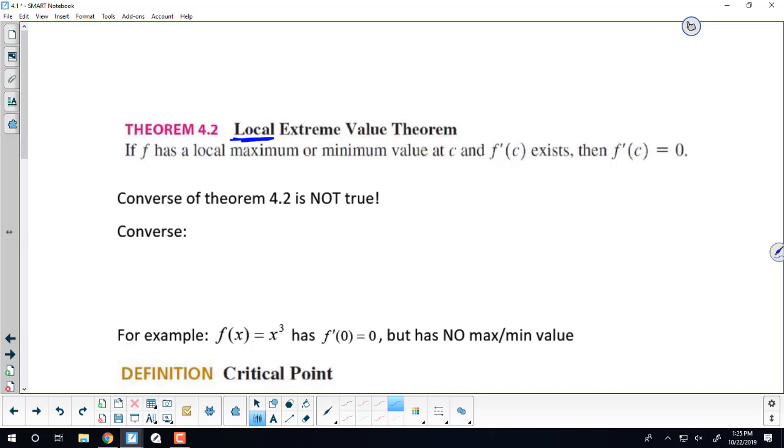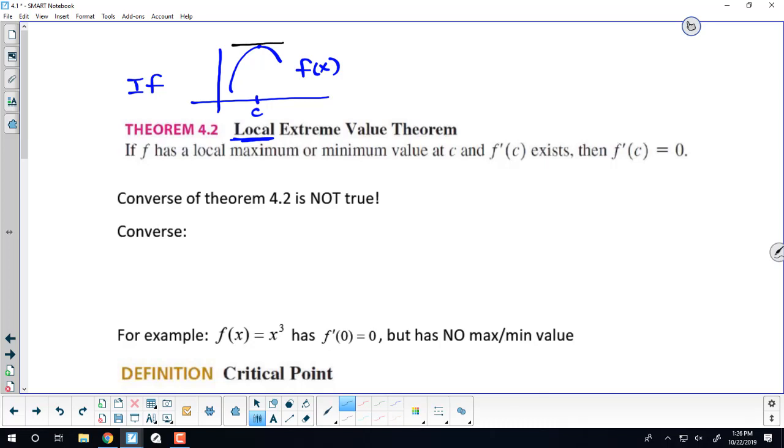What it says is, if f of x has a local maximum or a minimum, then our conclusion is that the derivative at that location has to be 0. In other words, the slope of the tangent line is horizontal at that point.